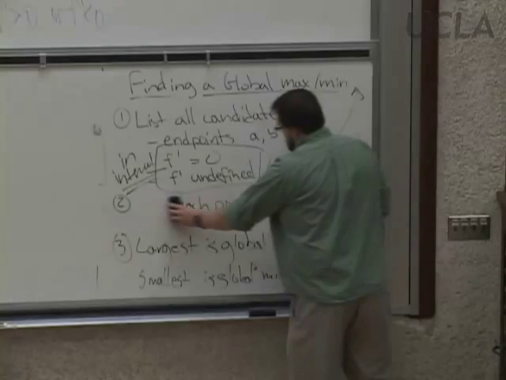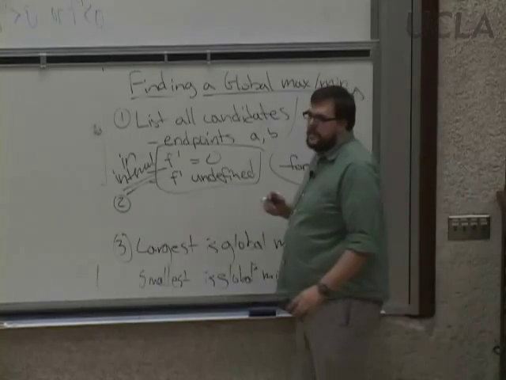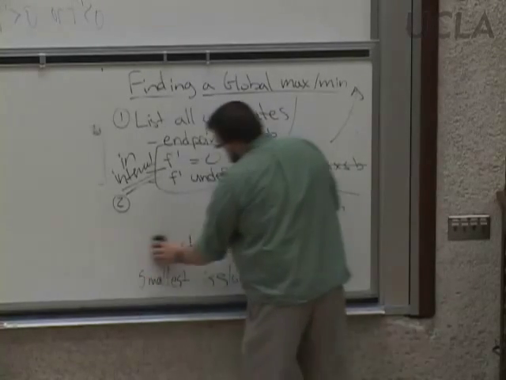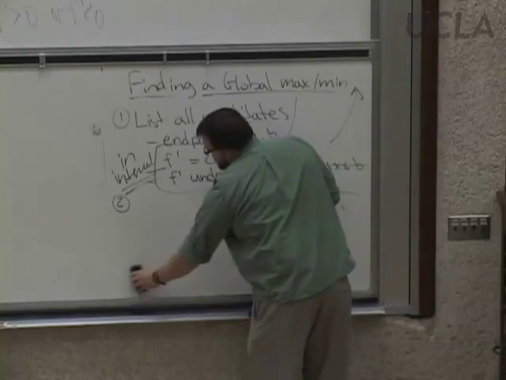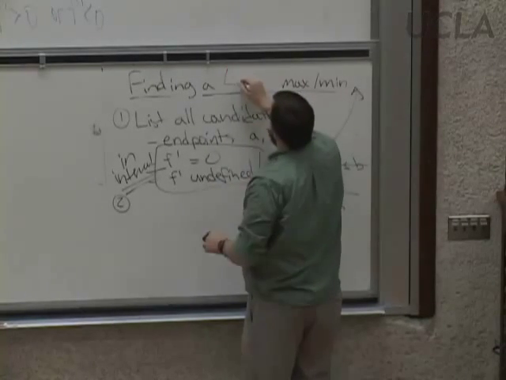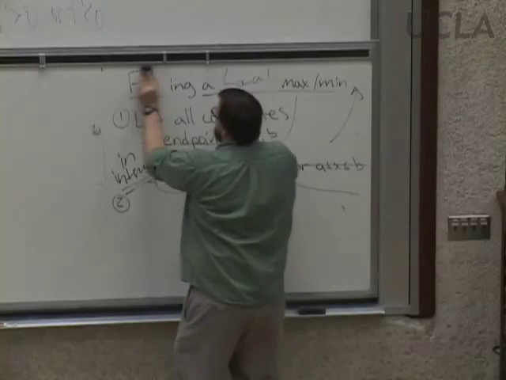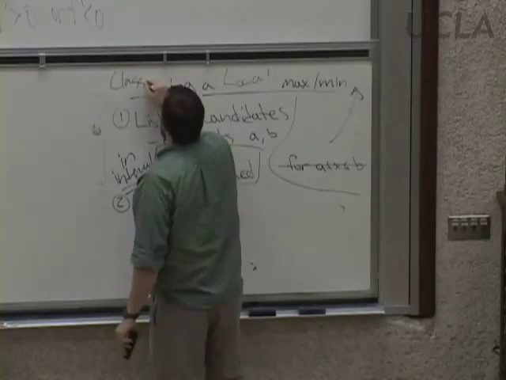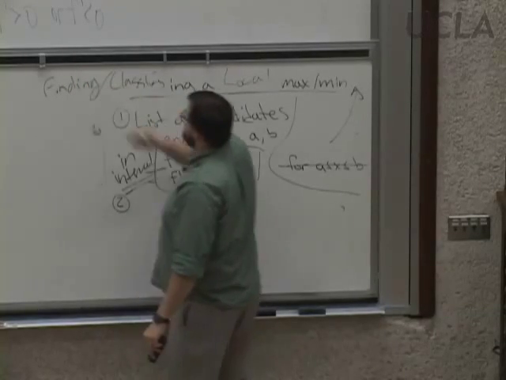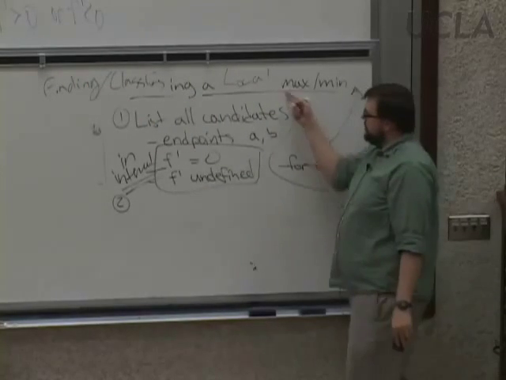And finally, we don't look at the value of the function. So when we do this test to figure out if it's a local max or a local min, we can plug it into the function, but to classify, let's do classifying instead of finding. So this is the find.